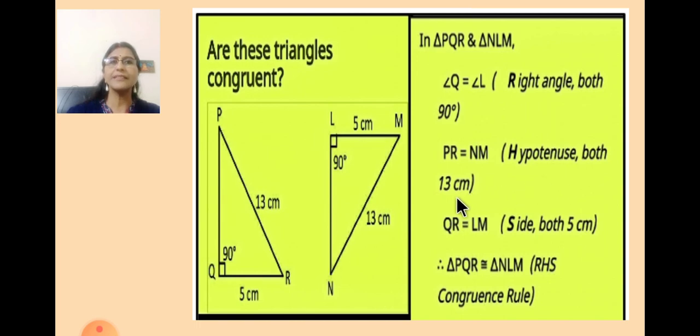Both are 13 centimeter. So they are equal. And then another side, this side, we will take QR is 5 centimeter. Here LM is also 5 centimeter. So we'll write QR is equal to LM. Both 5 centimeter. So you will get RHS. Therefore triangle PQR is congruent to triangle NLM by RHS congruence rule.